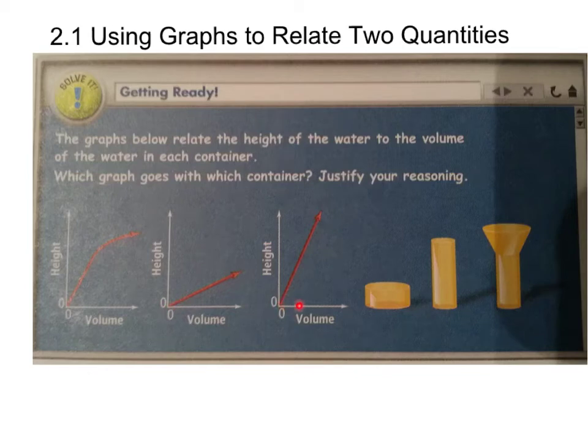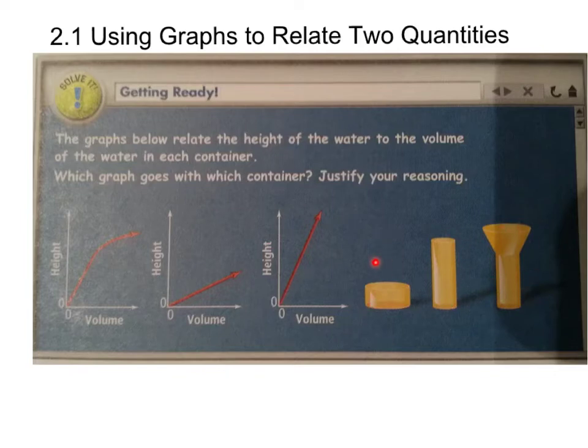Over here, as the volume goes to the right, as the volume starts filling up, the height of that volume increases at a constant rate. Now, if you're looking at the last two, you'll notice that the first, which is the second one here, the first of the constant rates gradually increases. The last one actually increases at a much faster rate. So let's look at our shapes.